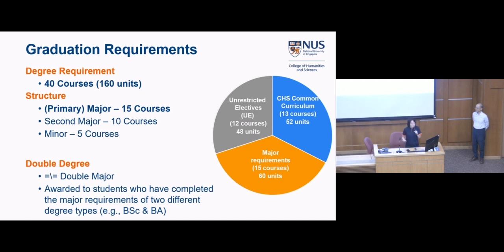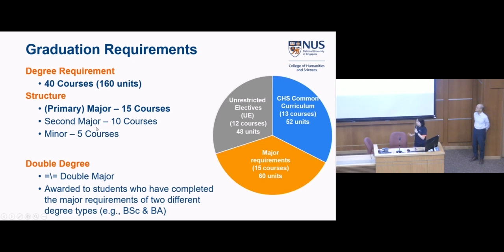So this is where you can consider to do a second major, which is a 10 course requirement, or a minor, which is a 5 course requirement. Sometimes students say, oh, I'm doing double major. If somebody says I'm doing double major, what that means is that they're doing a primary major and also a secondary major.